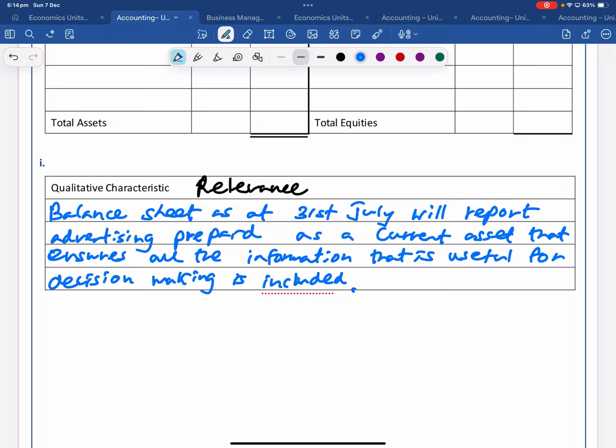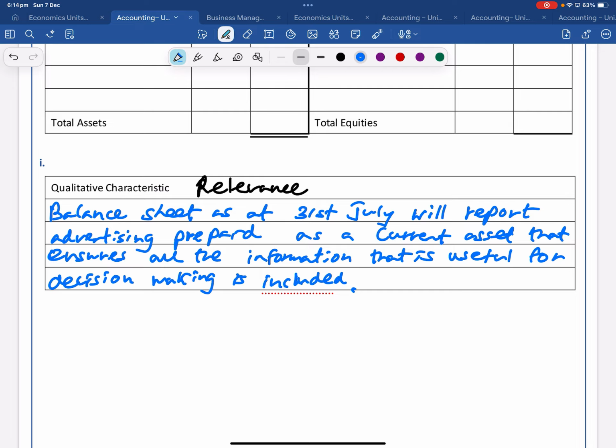Wait, for prepaid advertising, it's going to start on August 25th, so till then it's obviously a current asset. But as soon as it's August 26th, what would be the effect on the accounting equation? It wouldn't remain an asset.